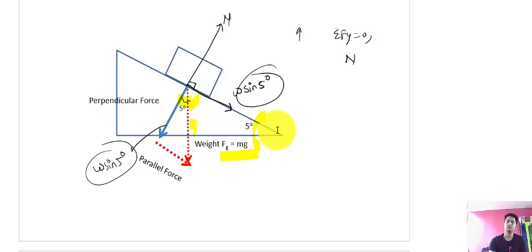You can take upward force as positive and downward force as negative, as for equilibrium the summation of forces must be 0. So N is positive as it is going upward, minus W sin 5 degrees must be equal to 0, for maintaining equilibrium in the y direction. So the N value will be W sin 5 degrees.